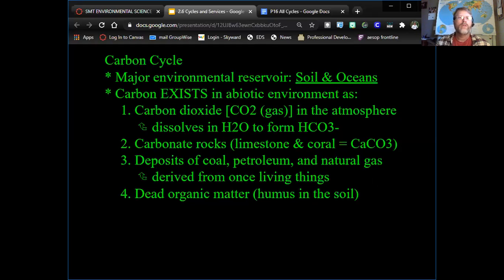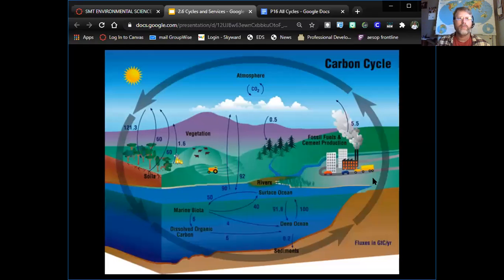So if we don't want to wait millions of years, or if we don't want the same environment that existed millions of years ago, we need to think about how we're going to use coal, petroleum, and natural gas. Okay, and then the other place in the soil where carbon can be found is in dead organic matter. So if you have dead leaves or a dead animal or something like that, all of that material will get worked back into the soil and will carry the carbon with it.